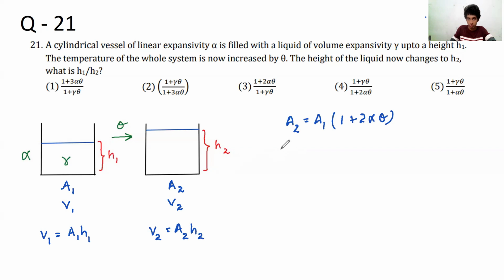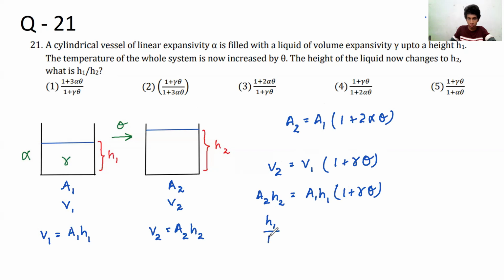So then V2 is equal to V1 into 1 plus gamma theta. So V2 is equal to A2 into h2 and V1 is equal to A1 into h1. So they are asking for the ratio of h1 over h2. So h1 over h2 is equal to A1 over A2 into 1 plus gamma theta.